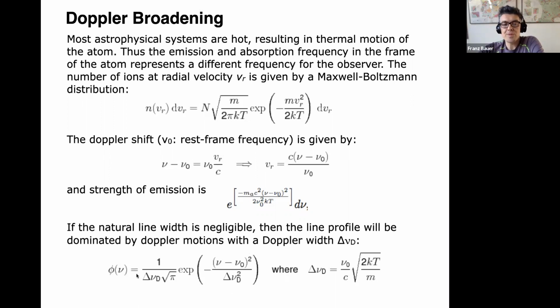And then it's normalized by 1 over delta V squared and square root of pi. So this is Gaussian, right? And so if Doppler broadening is dominant, then you will have something which has a Gaussian profile.